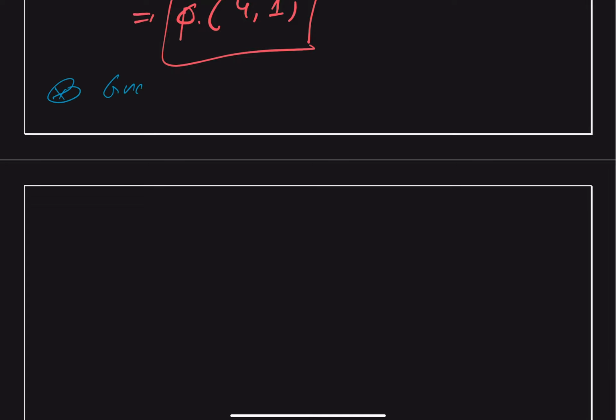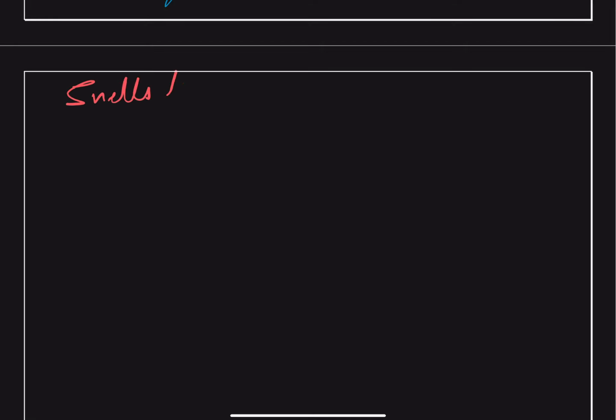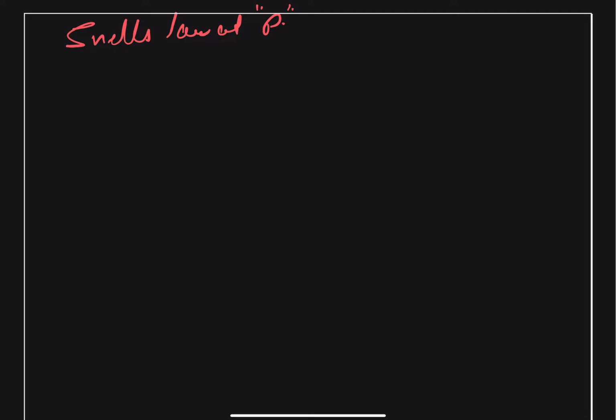You can say grazing emergence at point P. We can use Snell's law at point P, and the emergence is at P, and the refractive index NP will be equal to 1.